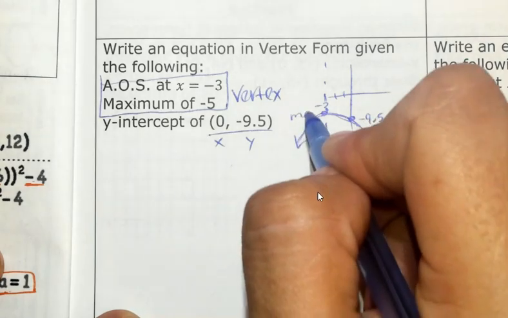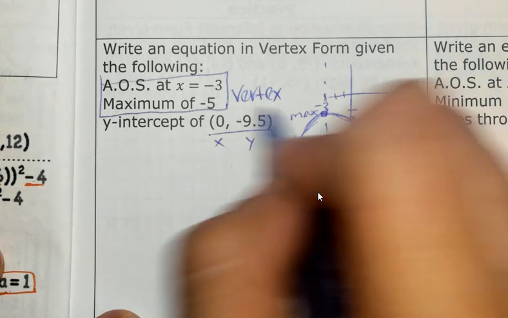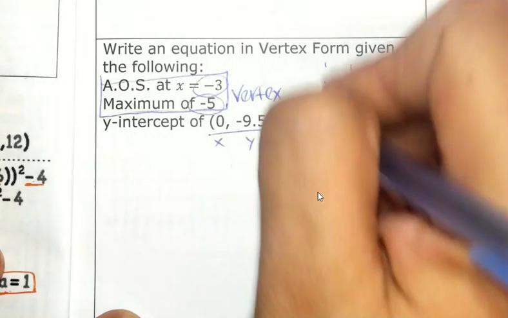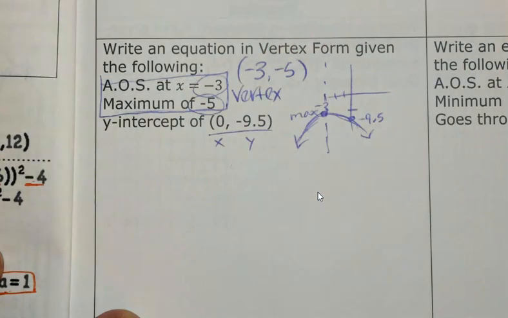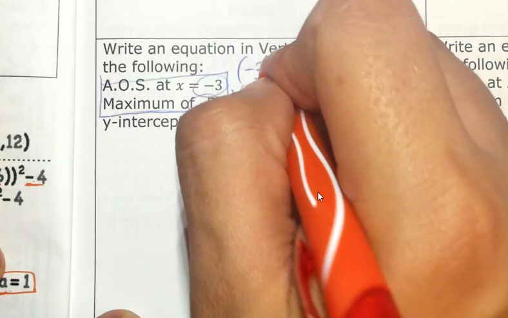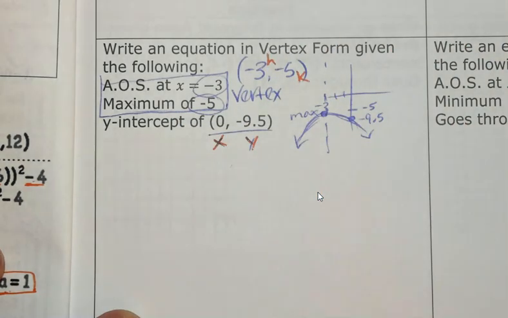It has a maximum, it's opening down. This vertex is created by that value and that value. So (-3, -5). That's your vertex. So I can put -5 right there. And this is your h, and this is your k, and this is your x, and this is your y.